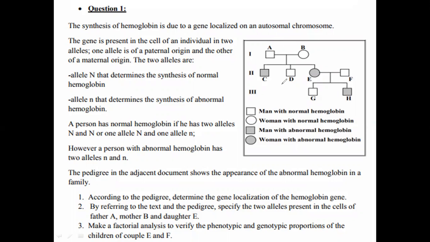Very good. So it can carry either NN or N capital and n small. It has two possibilities. How do I know? I know if he marries and has affected children, then it is obligatory N capital and n small, or if we do a special technique.